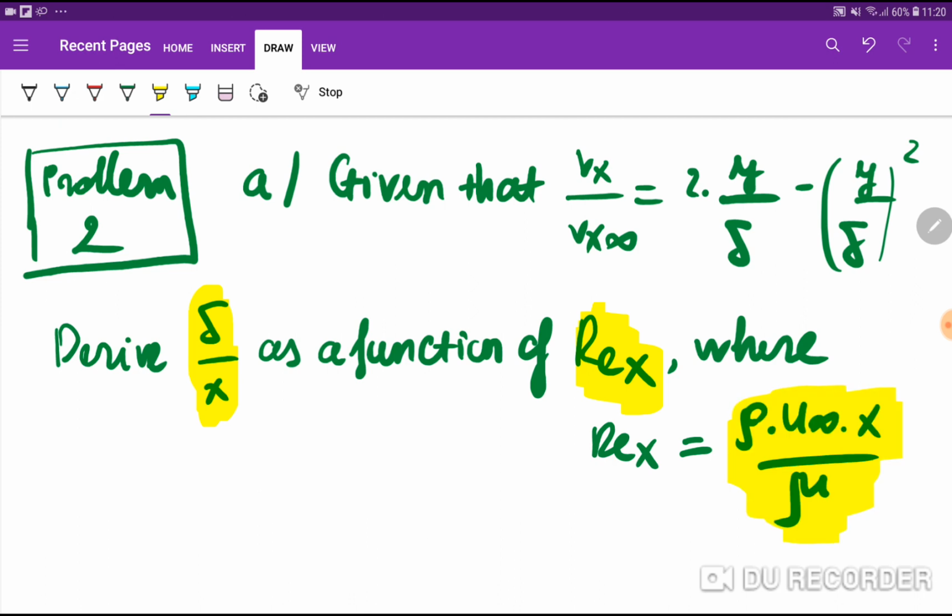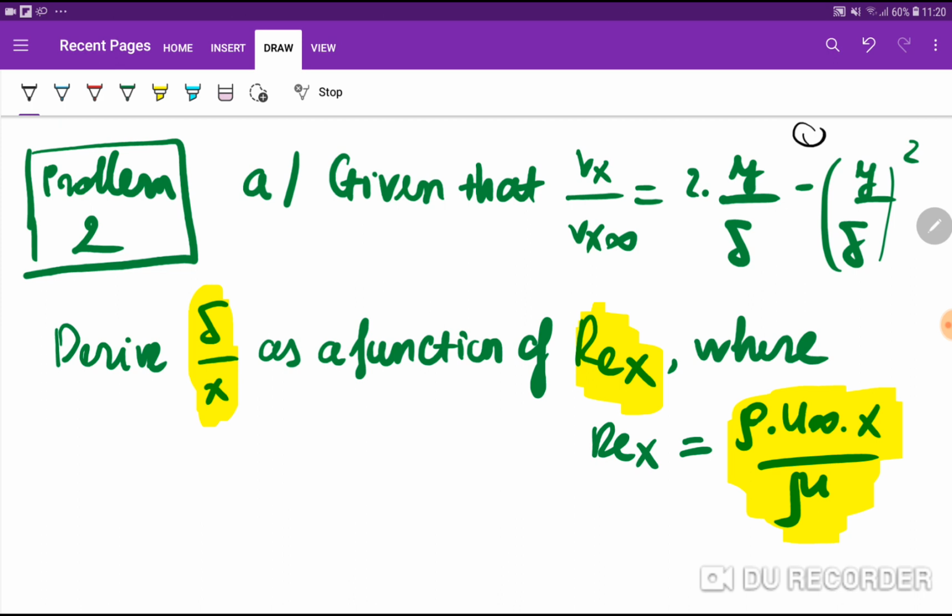You notice that Vx over Vx infinity is one way you can fit the equations. All these terms on my top left are written in dimensionless form. In Vx over Vx infinity the velocity units cancel out, and in y over delta the length units cancel out.